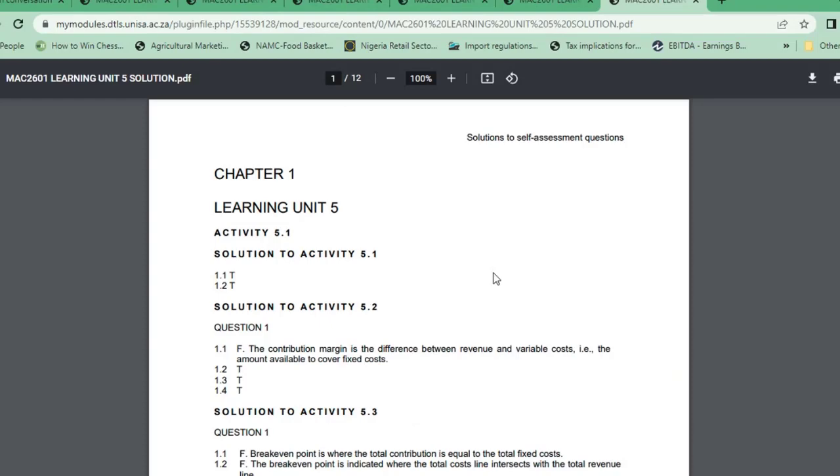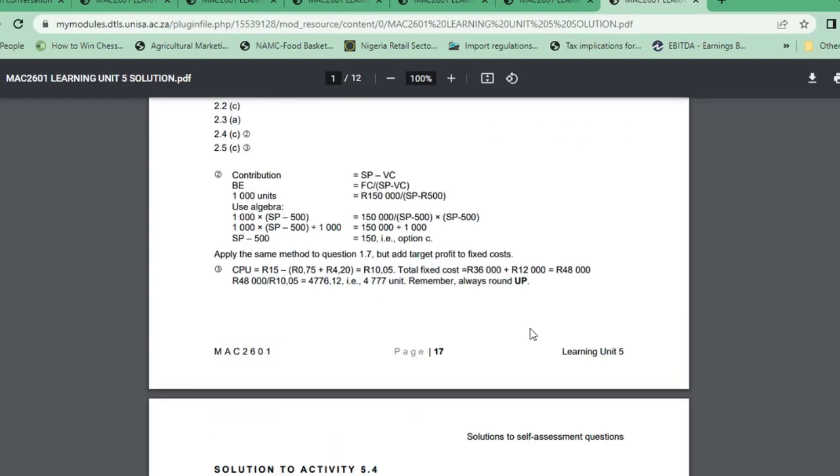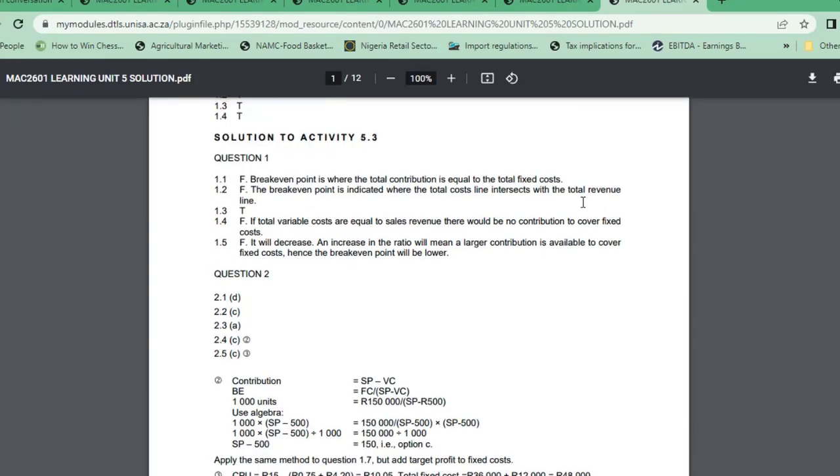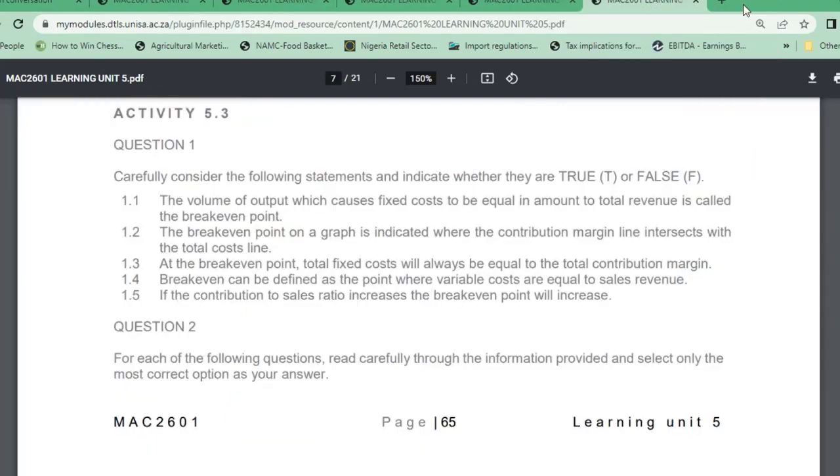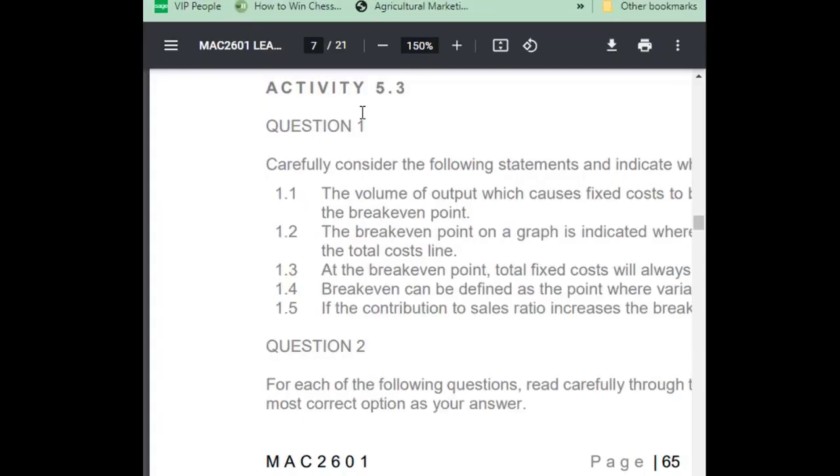It's learning unit 5, 5.3. Okay, so let's do activity 5.3. Oh, let me choose this one. Sorry about that, guys.